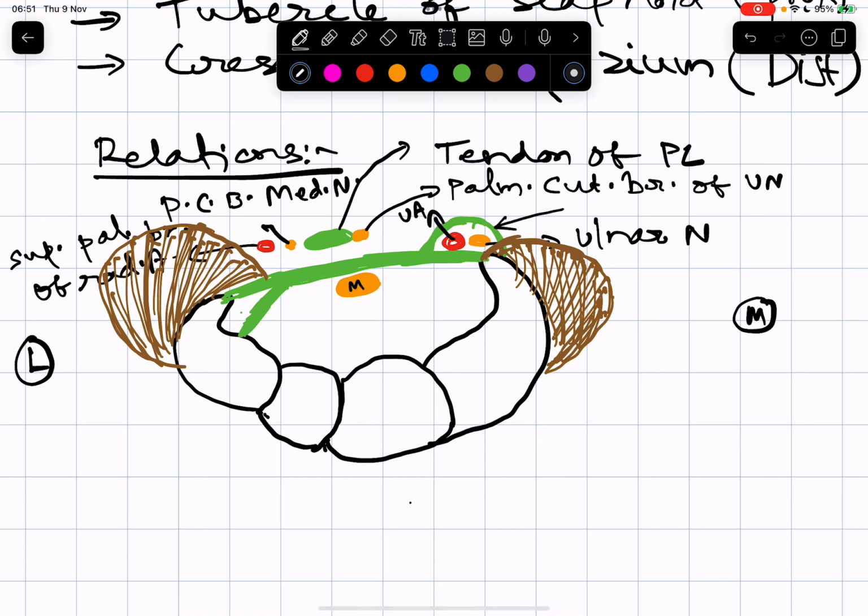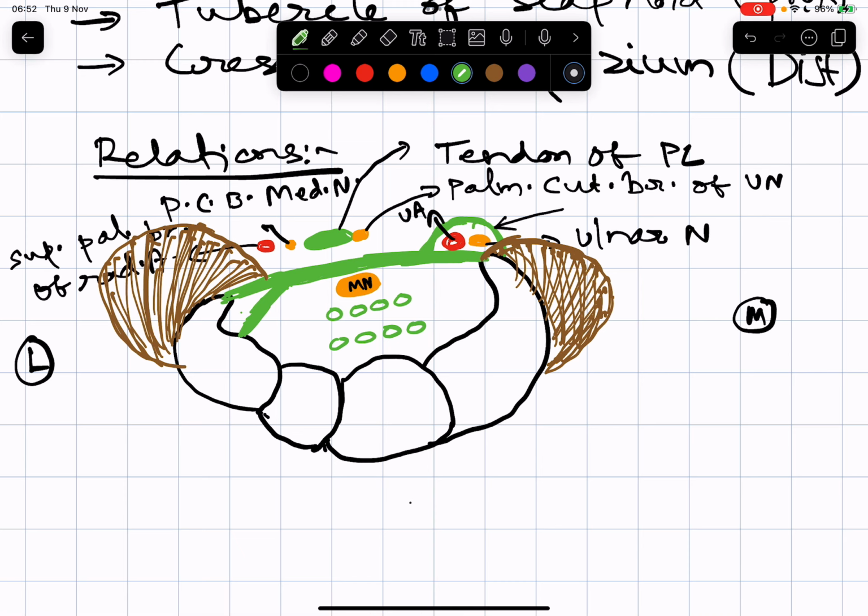This is the median nerve. Now beneath the median nerve we have the tendons of the flexor digitorum superficialis and flexor digitorum profundus. In the proximal row of the carpal tunnel, these flexor digitorum superficialis tendons will be arranged as fours, meaning two above, two below.